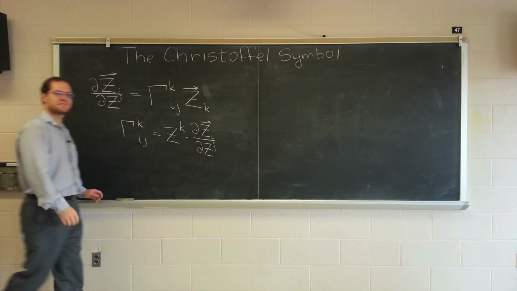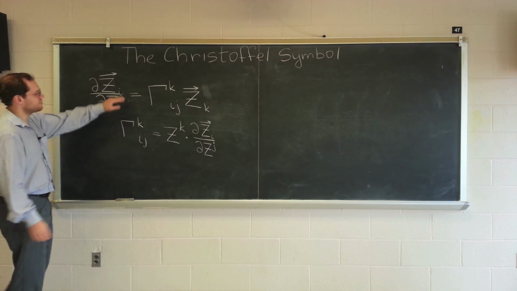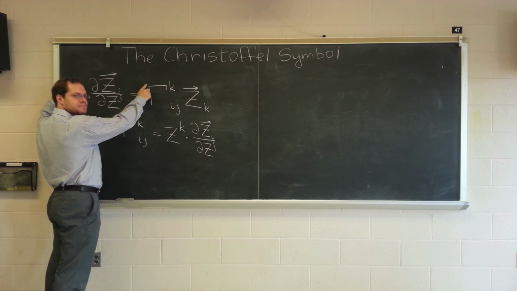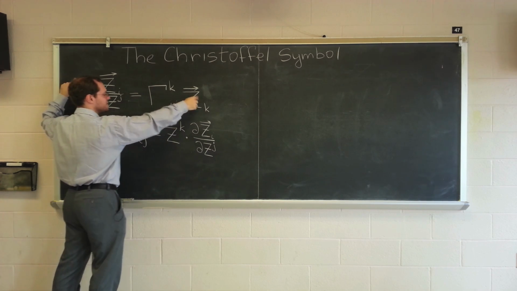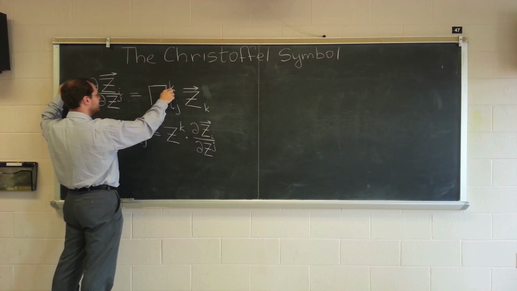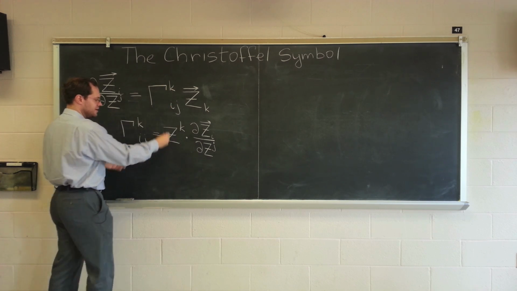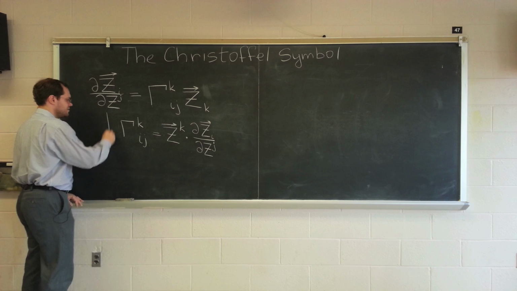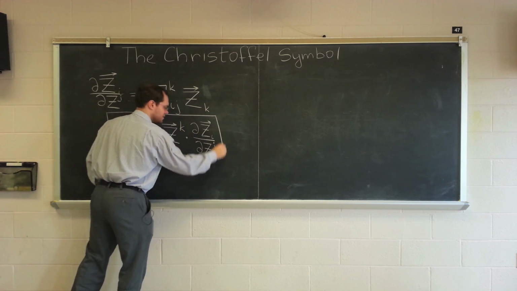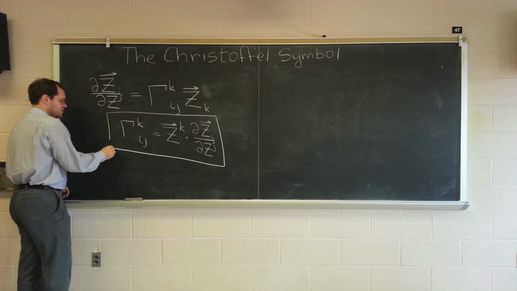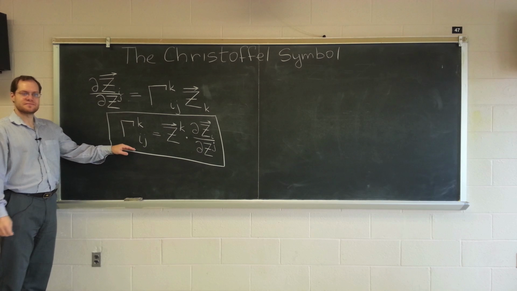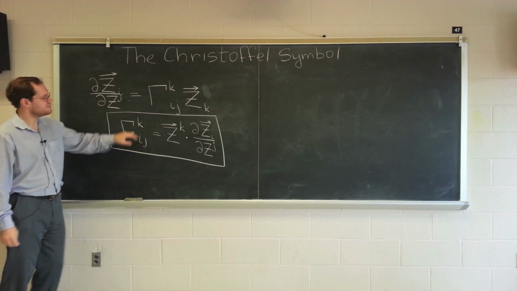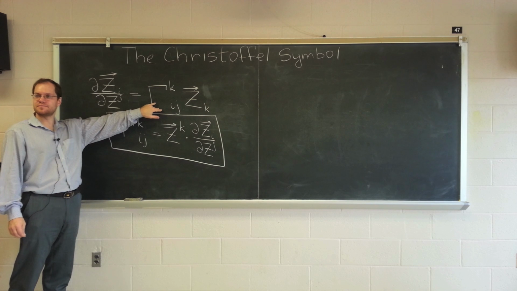There you go. Of course, you could get this from this by dotting both sides with Z upper m. Here you have a Christoffel delta, this will become m, then you'll rename it back to k, and voila, you'll have this expression. So maybe I'll box it like this, even though in deriving the actual values for the Christoffel symbol, we'll actually rely on this.